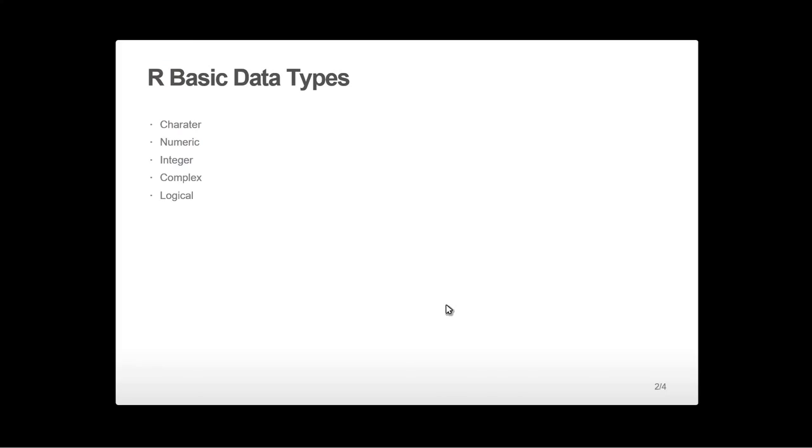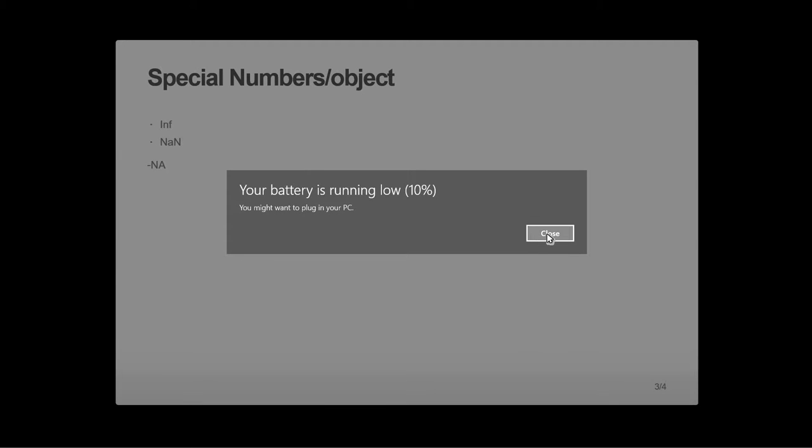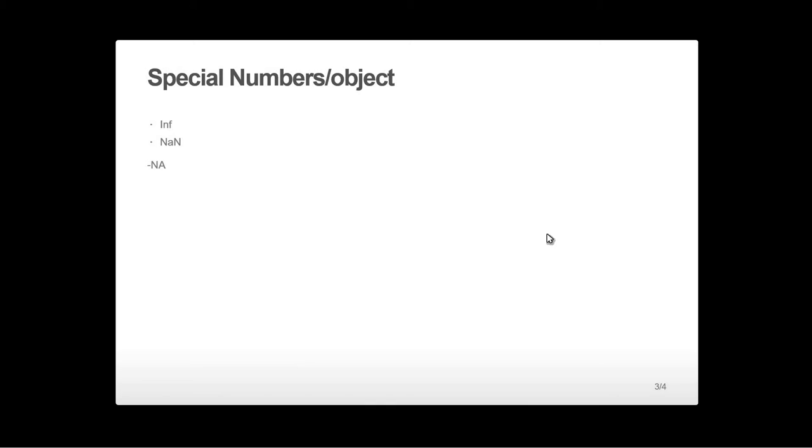Now let's jump to the next topic. We have seen what the basic types are. Now there are some special numbers, or you can say objects, in R. The first one is infinite. R can store an infinite value.